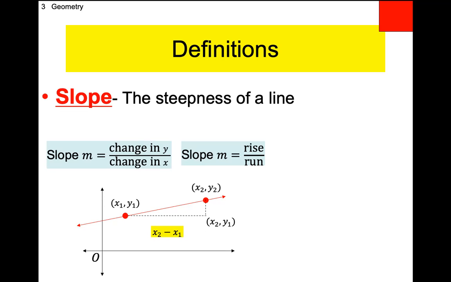Let's do the same thing with the y values, right? For the y values, all I'm going to do is take y sub 2 and subtract y sub 1. Well, that's pretty cool. Because I defined slope as rise over run, and we just figured out that the rise was y2 minus y1, and we just figured out that the run was x2 minus x1.